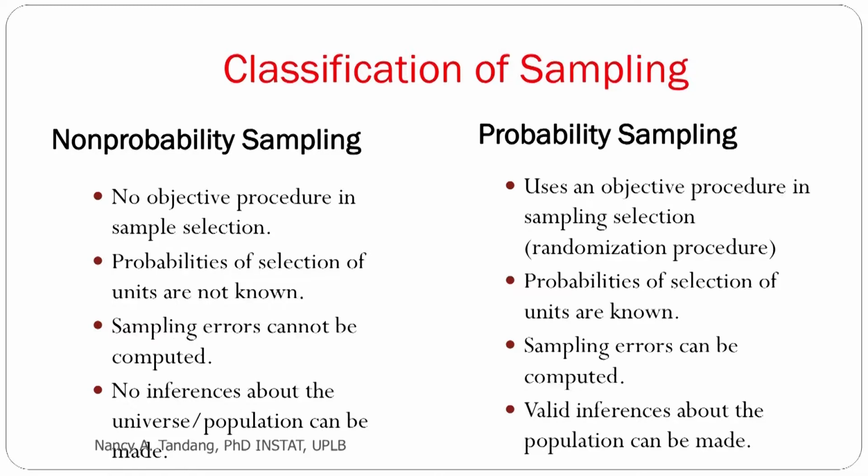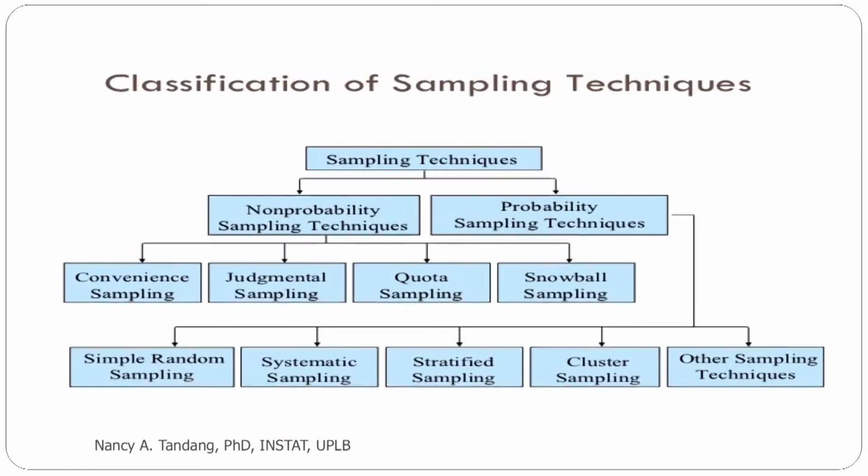So generally, meron po tayong dalawang sampling techniques. Meron pong tinatawag na non-probability sampling, and we also have this what we call the probability sampling. So yung non-probability sampling, the samples are generated using convenience sampling, judgmental sampling, quota sampling, and snowball sampling.